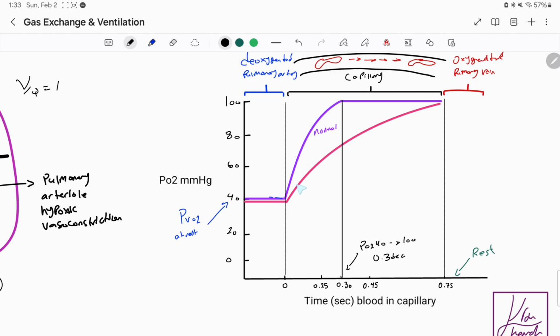Even though the blood remains inside of this capillary for 0.75 seconds, it took us 0.3 seconds to bring that partial pressure of oxygen from 40 to 100. Notice how it doesn't change from here, because in the last video, I mentioned that it reaches equilibrium at this point. This is awesome. We reach the desired partial pressure in 0.3 seconds.